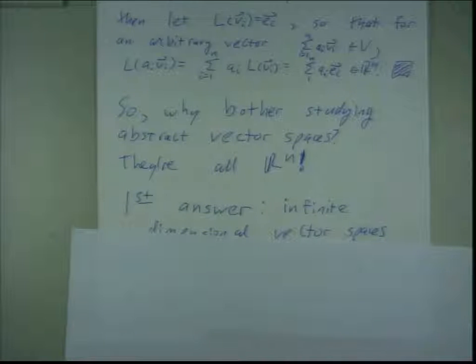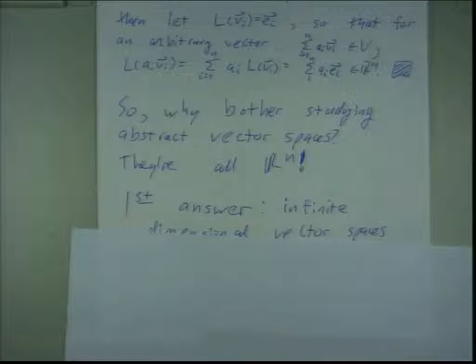If you have a linear combination of x^i's, say from i equals 1 to n, and that's equal to some other linear combination, if these are equal, then it has to be the case that a_i equals b_i for every i. Right?